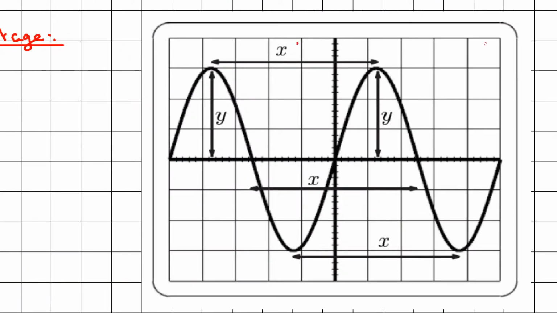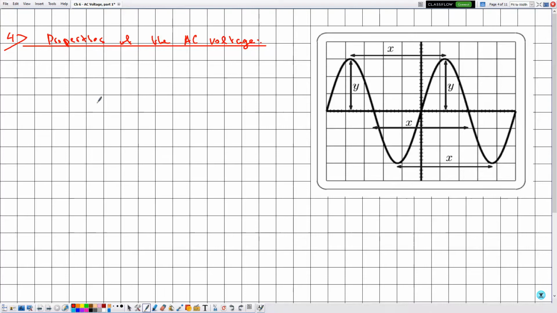Now let's define X, which is the number of divisions between two consecutive peaks. Let me write down that X represents the smallest number of divisions under which the voltage is reproduced identically.